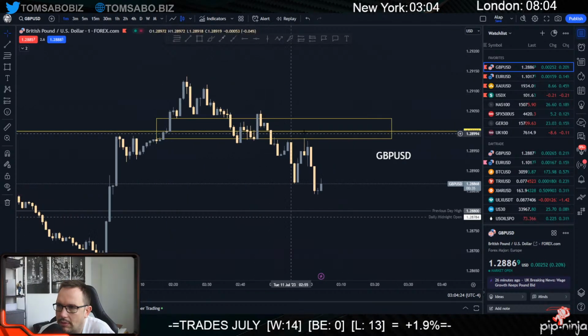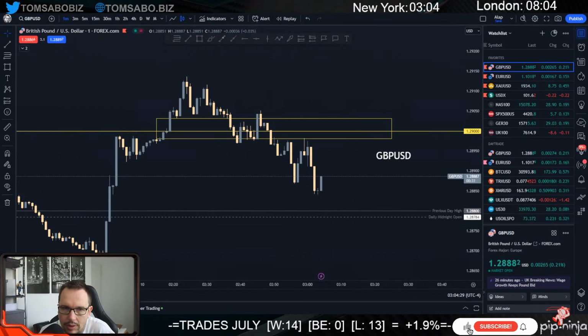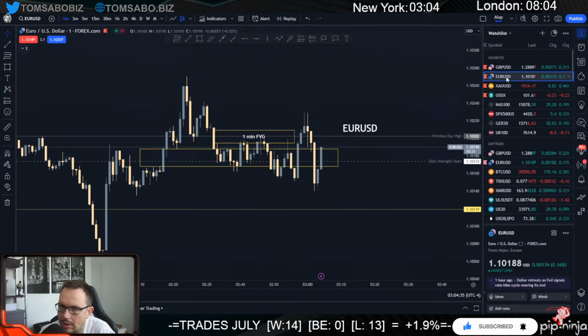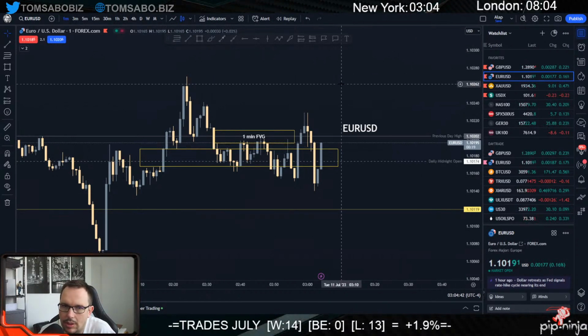But there were some fair value gaps here and here as well. So the euro is turning against us for now. It's not looking good again. It's hard to determine the draw on liquidity in these conditions.